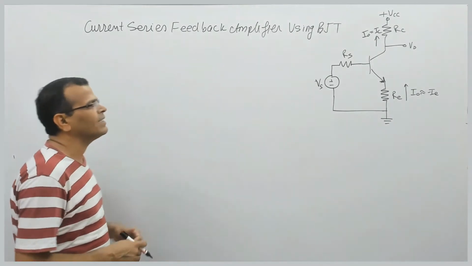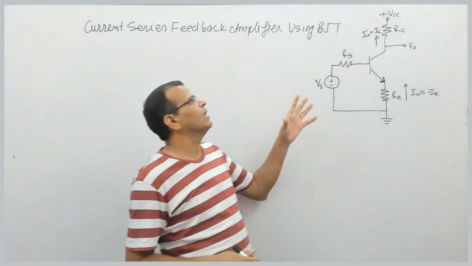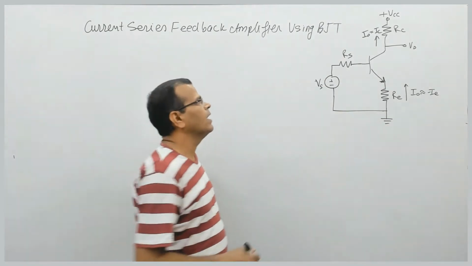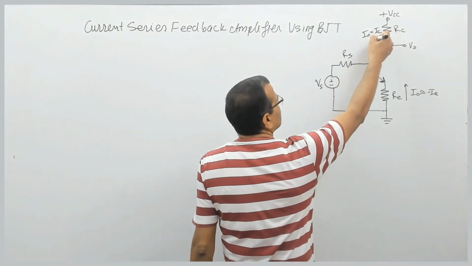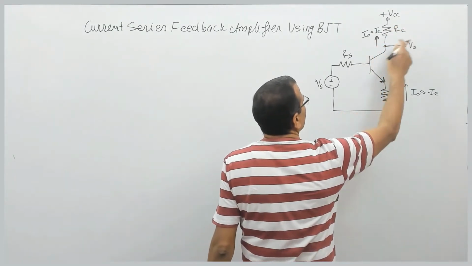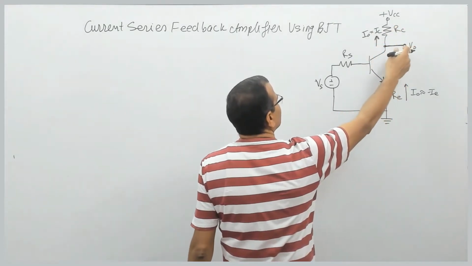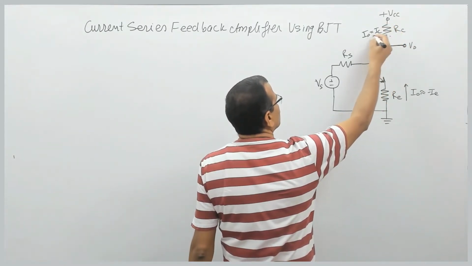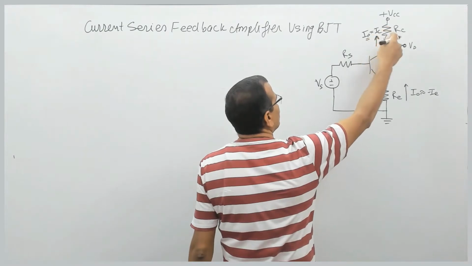Fine. Let us see this circuit first. Let us classify this circuit into current series feedback. Here, this is the load circuit. Output terminal is the collector terminal from where we are taking output voltage. The load is connected in the collector circuit, so the collector current is equal to the load current.